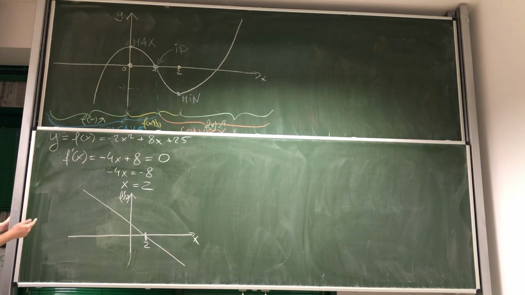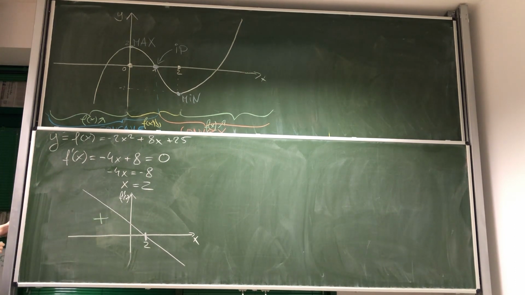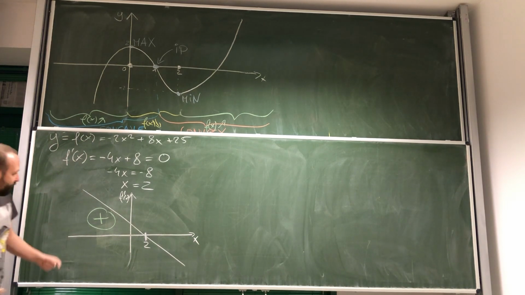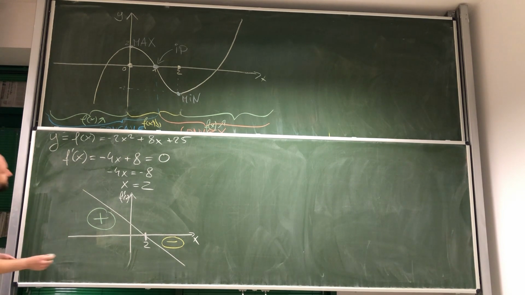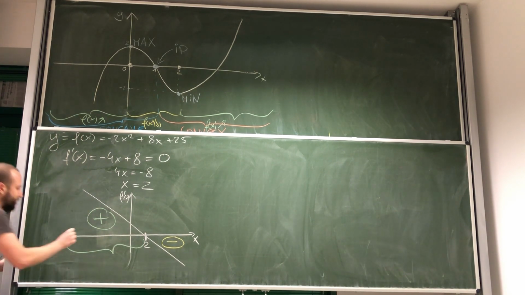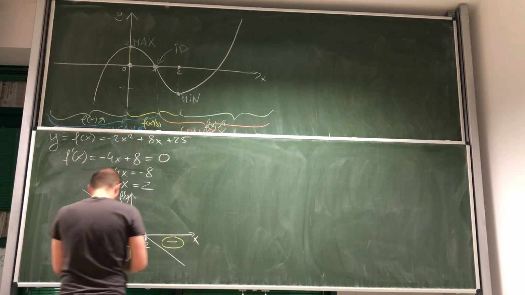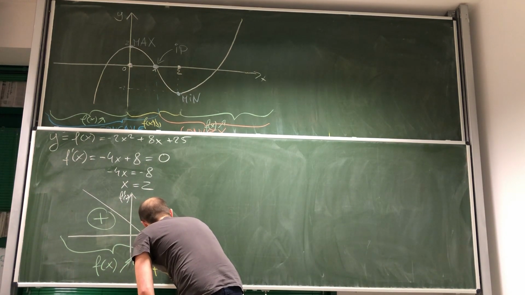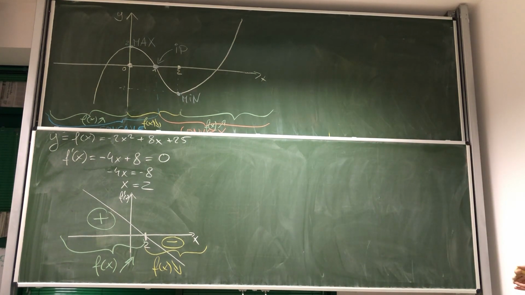We see that the derivative here is positive, right up to 2, and then over here it is negative. What does it tell us? Well, here the original function is increasing, while here the original function is decreasing.